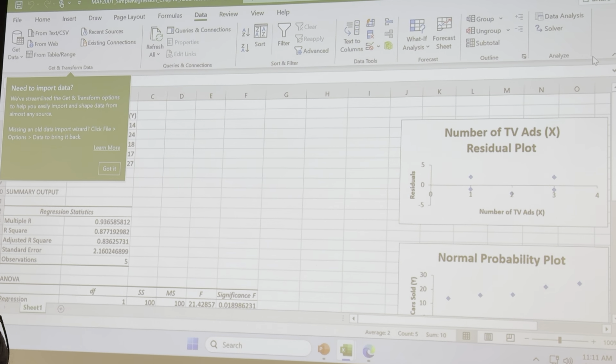Solver is for people who are going to be writing the MGOC 10 exam, right? Remember, did you use Solver? Optimization. We need Data Analysis.